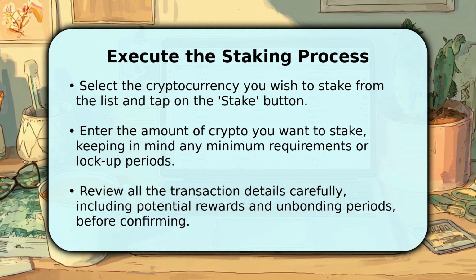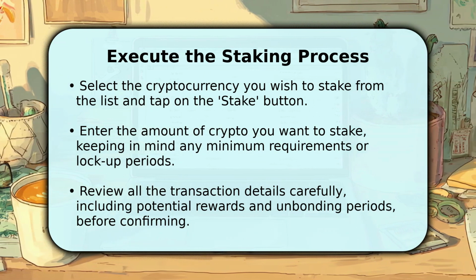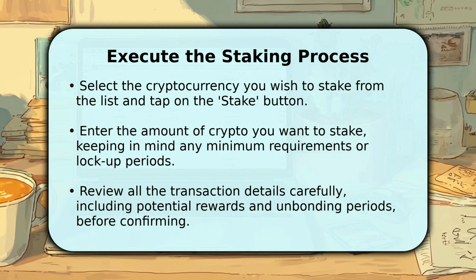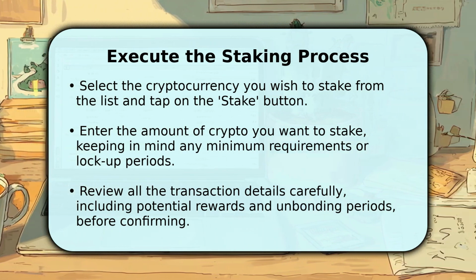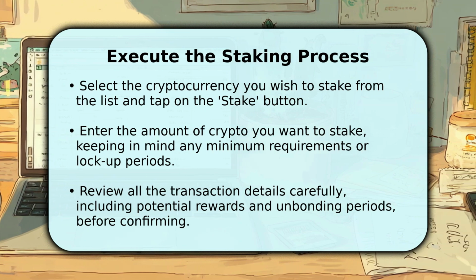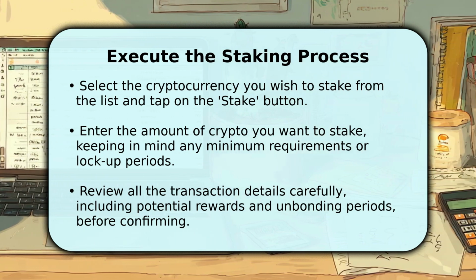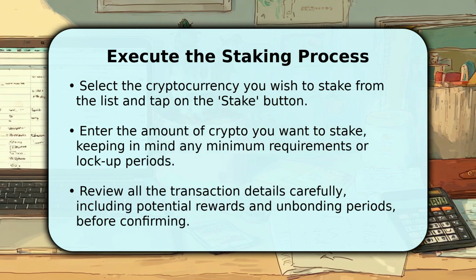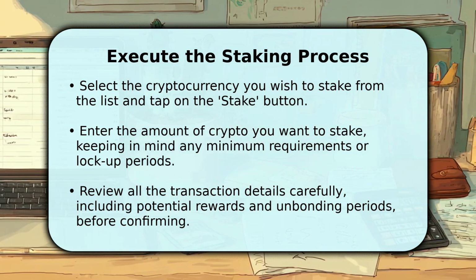Before you finalize anything, take a moment to thoroughly review all the transaction details. Pay close attention to the estimated annual rewards and understand the unbonding period, which is the time it takes for your staked assets to become available again after you decide to unstake. Once everything looks correct, go ahead and confirm the transaction.